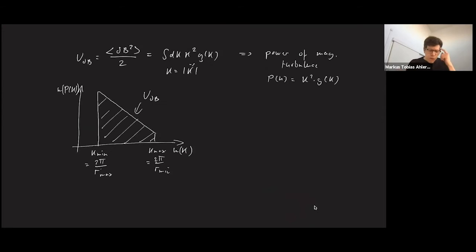So the picture that you should have in mind at this point is the following. Let's say that we have here a patch of space, and we have some regular magnetic field component, which for the sake of simplicity, let's assume is pointing in our direction.